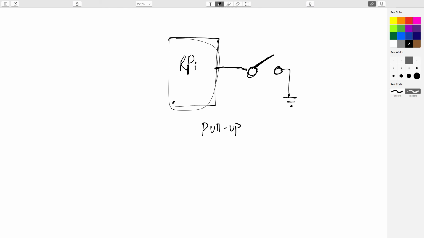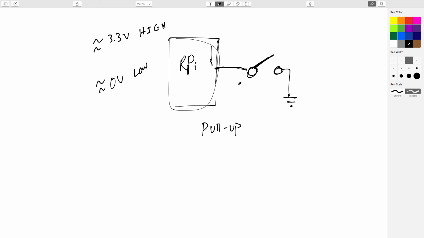The Raspberry Pi's digital signals are 3.3 volts for high, or true, or 1, and then 0 volts is low. So with a pull-up, you're saying, by default, this pin is high, and if any other electrical signal comes in that conflicts with that, it's going to dominate.